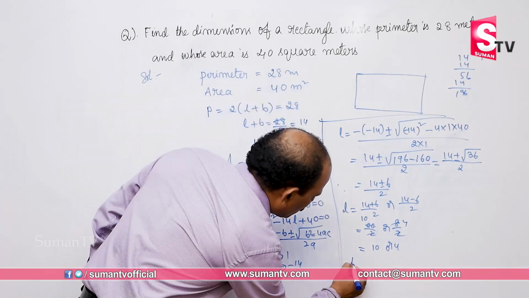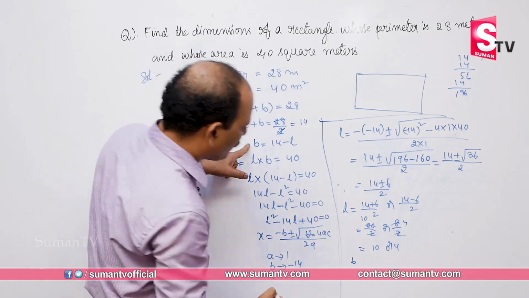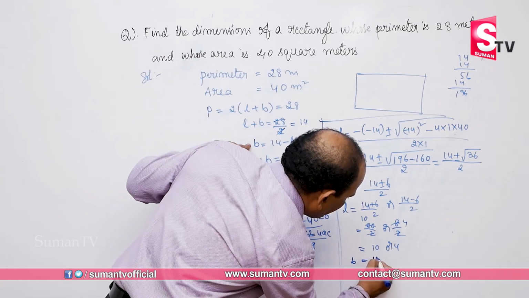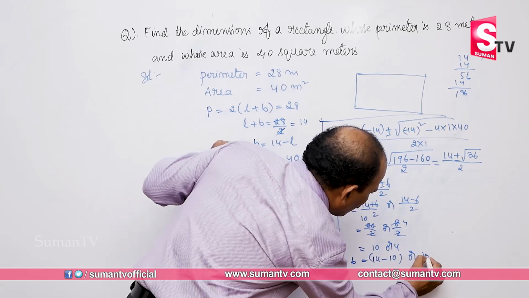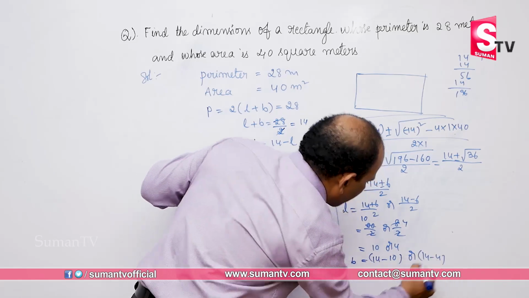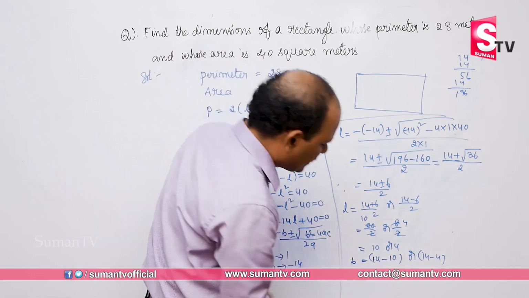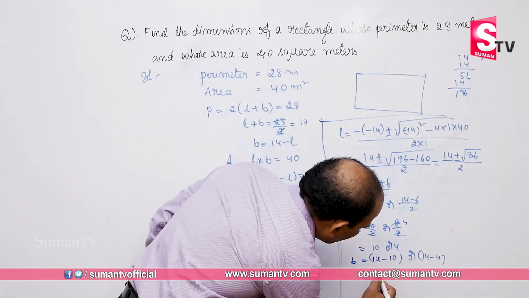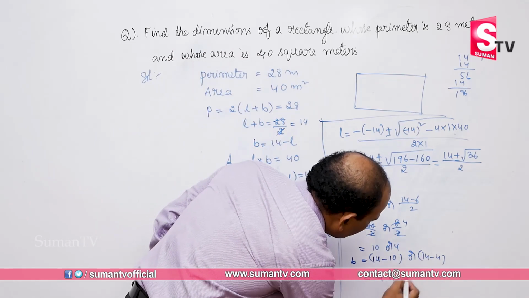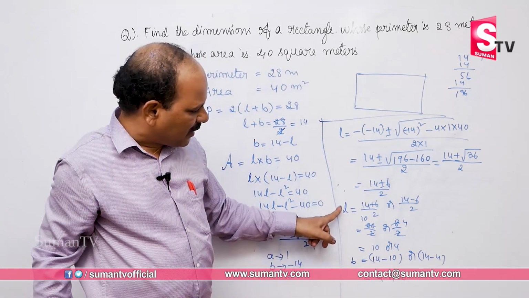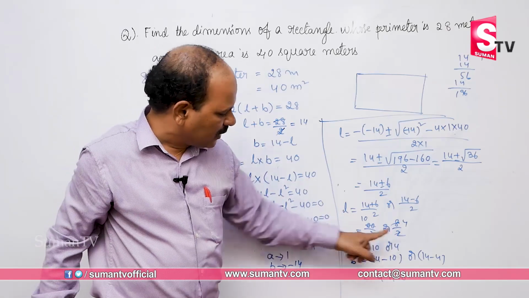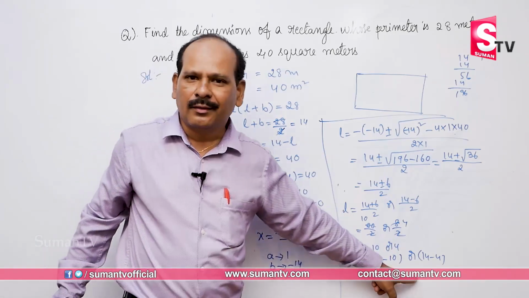B is equal to 14 minus L: 14 minus 10 or 14 minus 4. 14 minus 10 is 4, 14 minus 4 is 10. So if L is 10 or 4, then breadth will be 4 or 10.